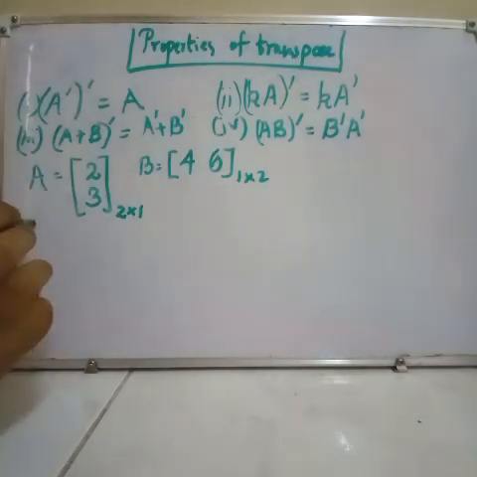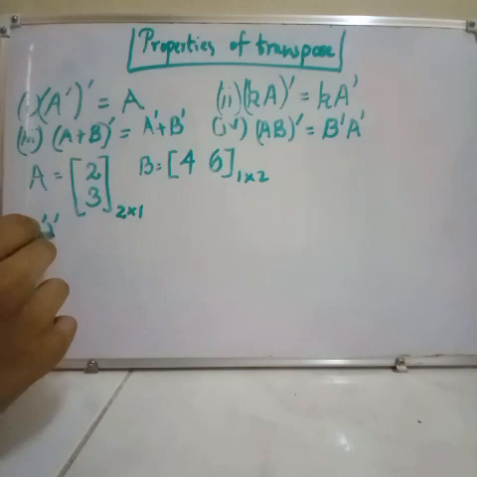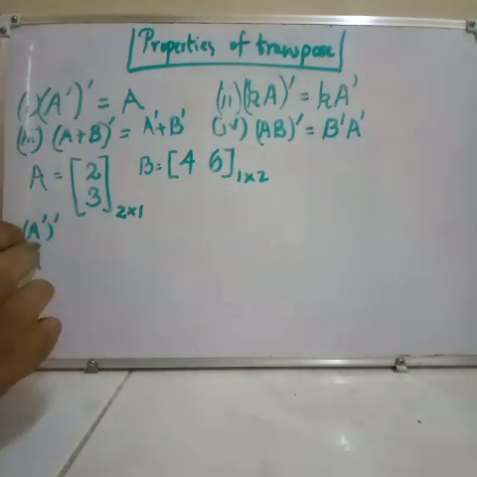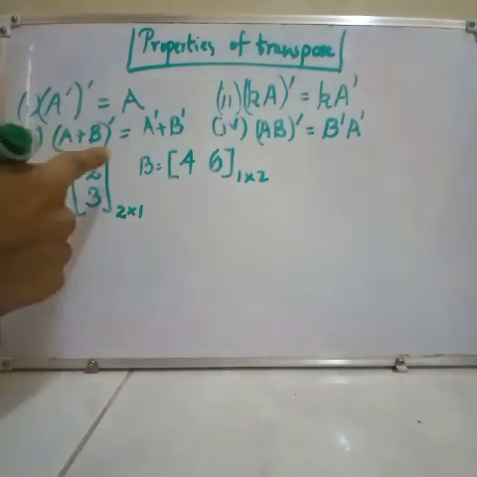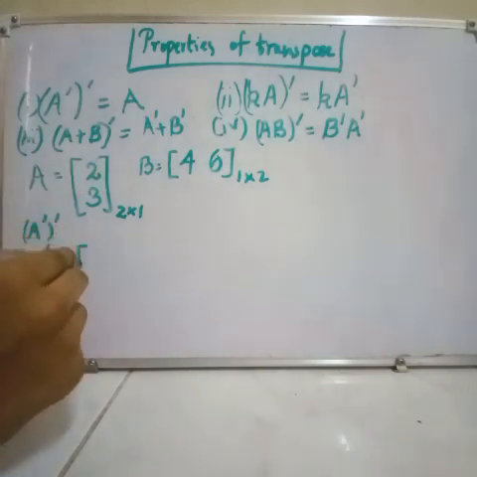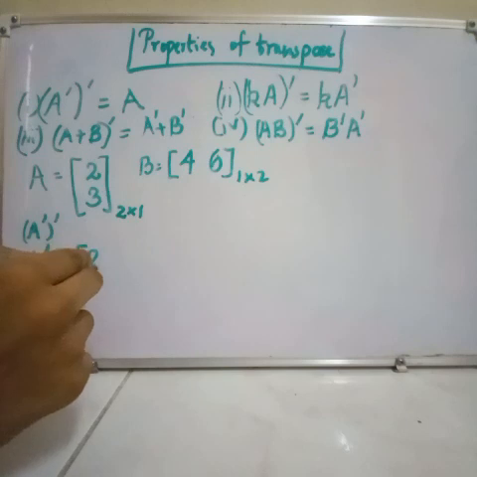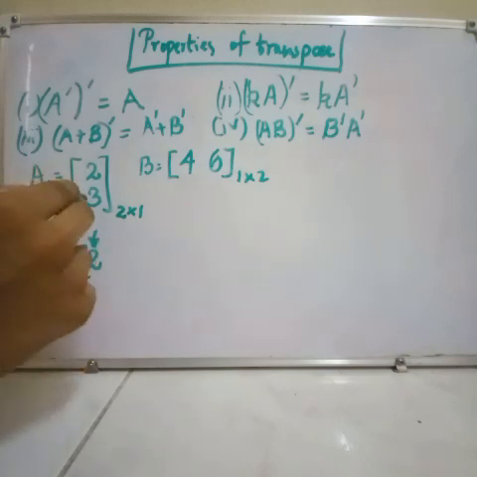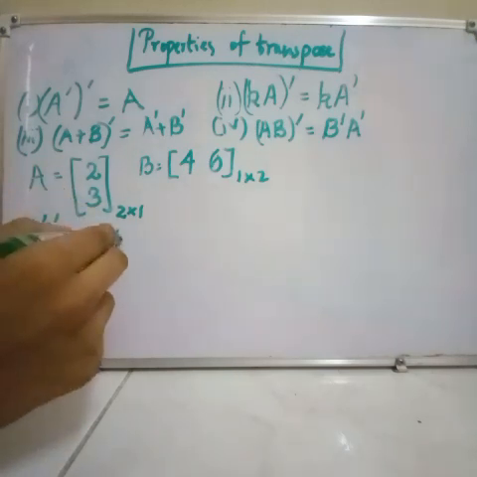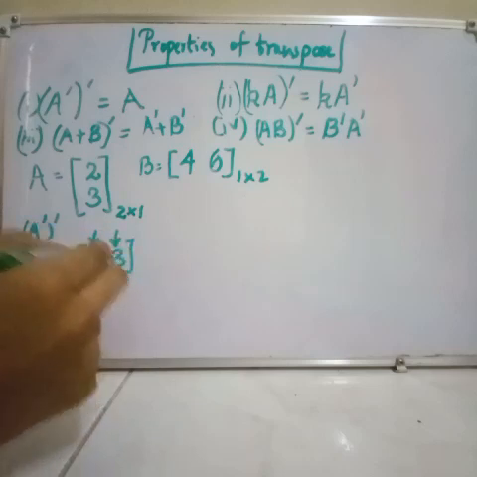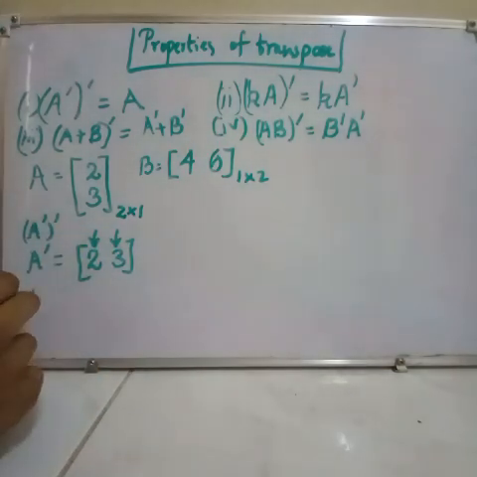So first let's check A transpose, whole transpose. First let's do A transpose, changing the rows with the columns. So first row with the first column, so 2, second row with second column 3. So this is A transpose. Now let's do A transpose, whole transpose.